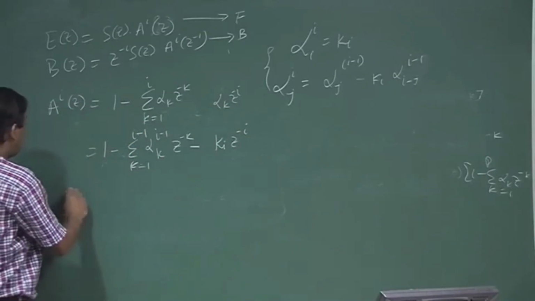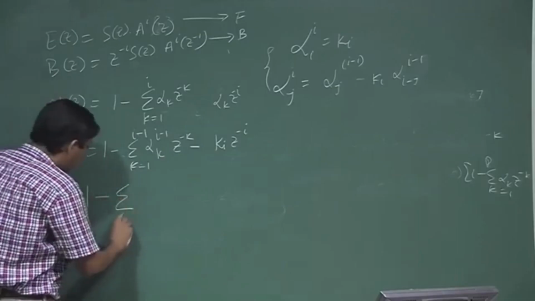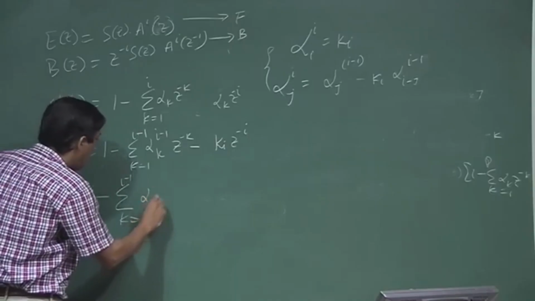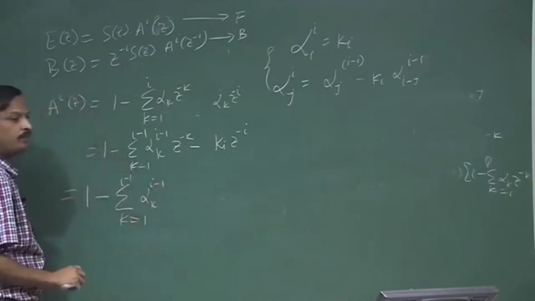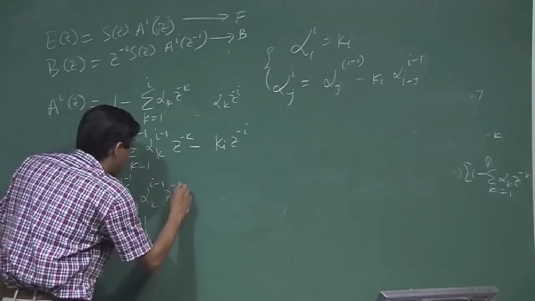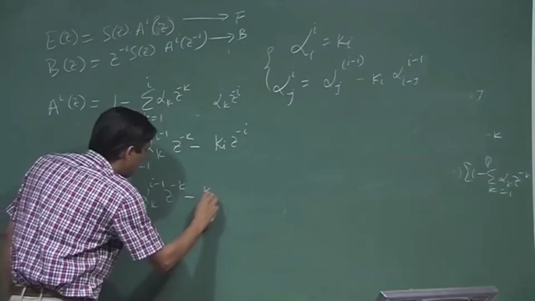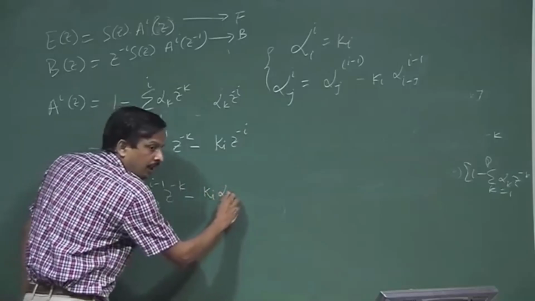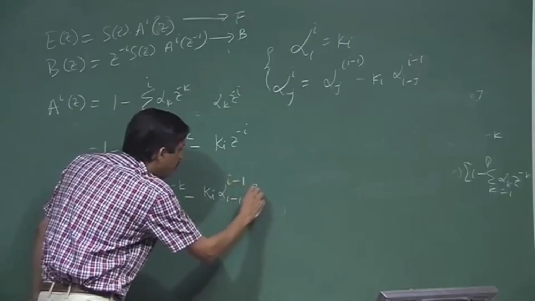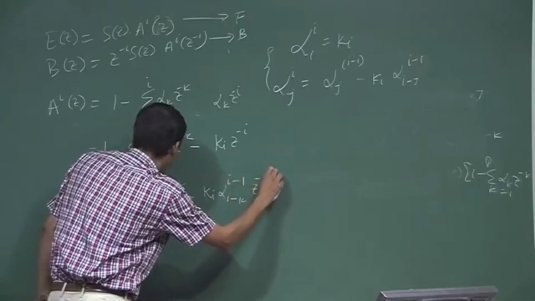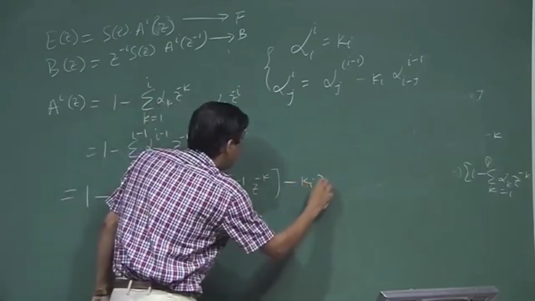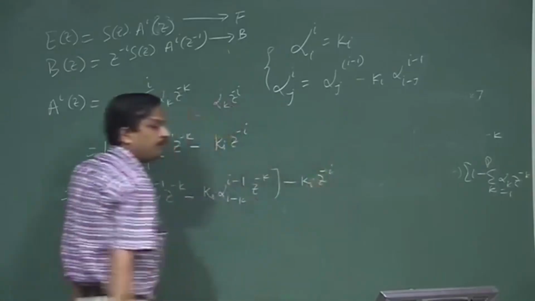Okay. So this is nothing but 1 minus the sum over k equal to 1 to i minus 1 of alpha k i minus 1 z to the power minus k, minus k i alpha i minus k i minus 1 z to the power minus k, and I can write this as 1 minus k i z to the power minus i.